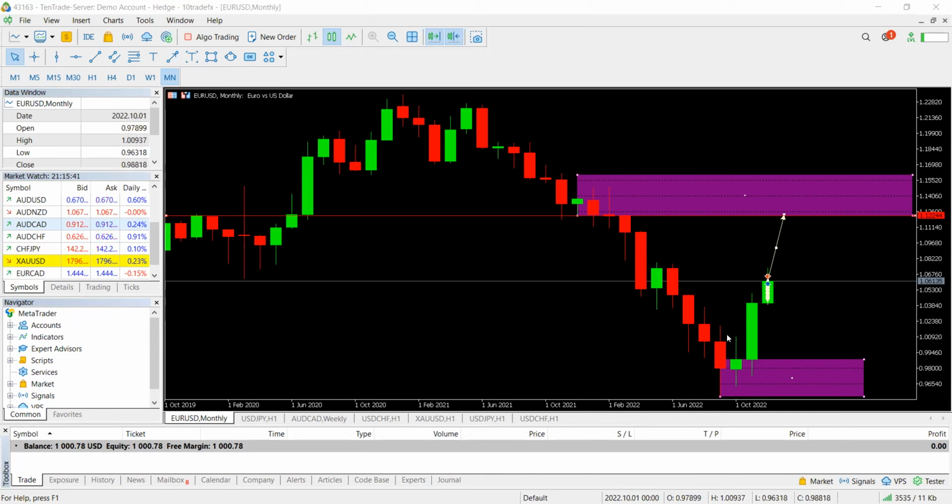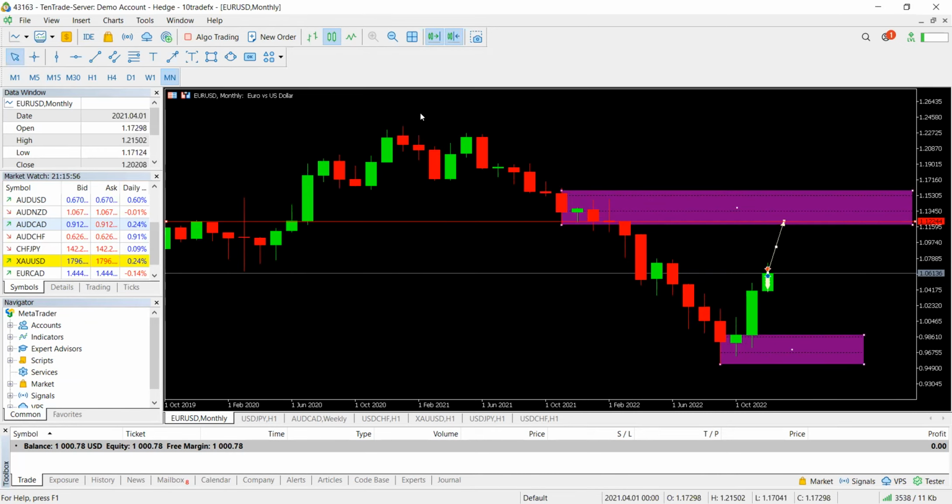Okay, so these ones that I drew here were just random drawings. I didn't really draw them because of support and resistance. But let me use this example, the one at the top here. Price was going up, and then you can see price going all the way down. So how do you map out the resistance zone here?